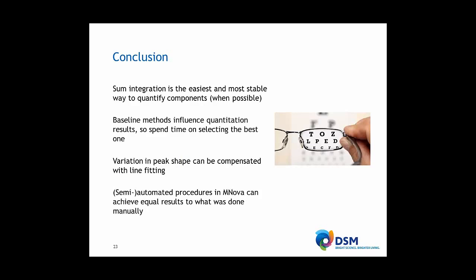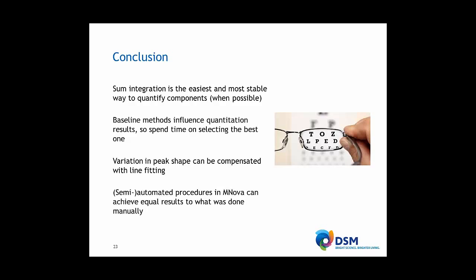The sum integration is the easiest and most stable way to quantify components, especially when it's a clean spectrum. If you have clear peaks, then sum integration is the best way to go. And baselining methods influence your quantitation results, the absolute quantification results, quite significantly.